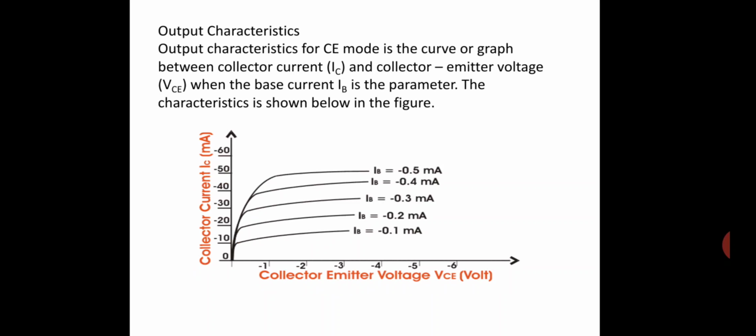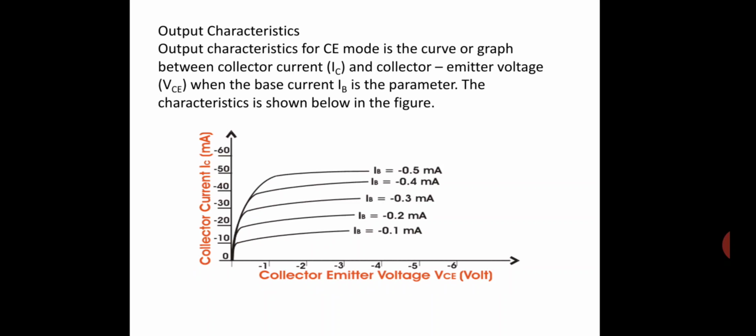Output characteristics are between the output voltage and output current, with input current constant. Output voltage is VCE and output current is IC. Output characteristics of CE mode is the curve of graph between collector current IC and collector emitter voltage VCE when the base current IB is the parameter. The characteristics are shown in figure.